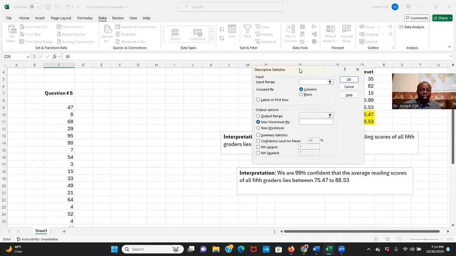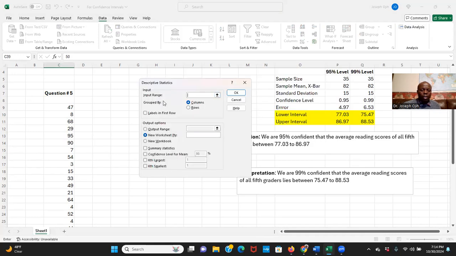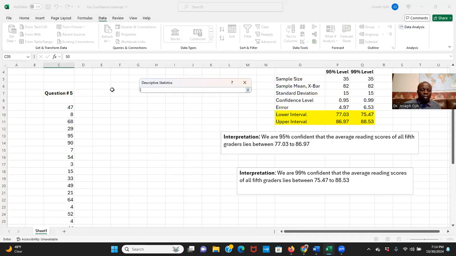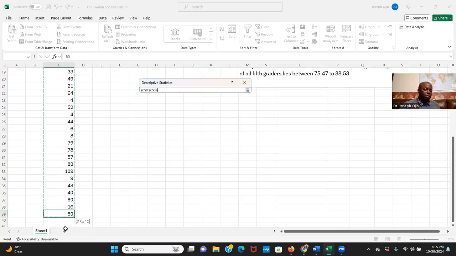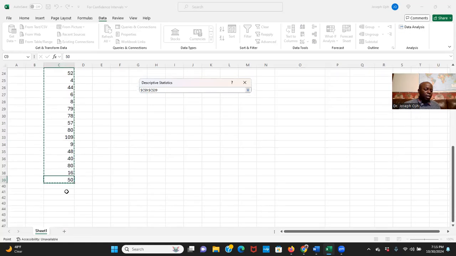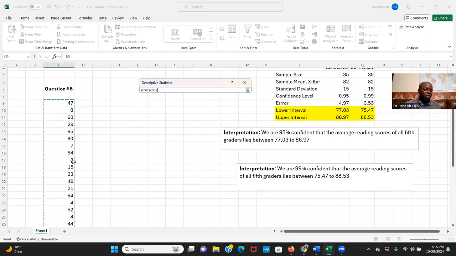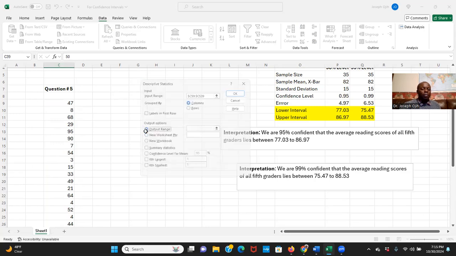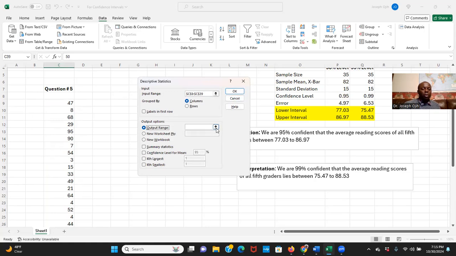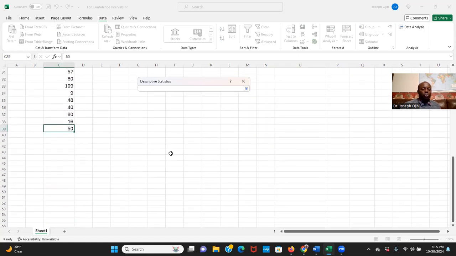Now it will give you this dialog box. You see input range. Click on this, and then for the input range, highlight all the numbers. That gives you the input range here. Now, by columns, of course, and there's no label. Output range means where you want the answers to be. I want it to be placed here.